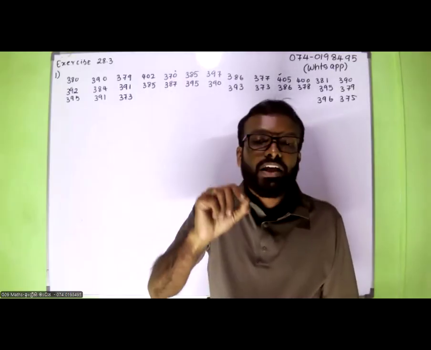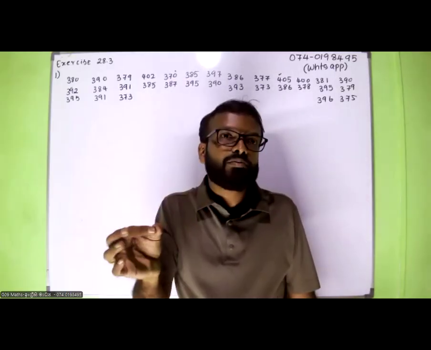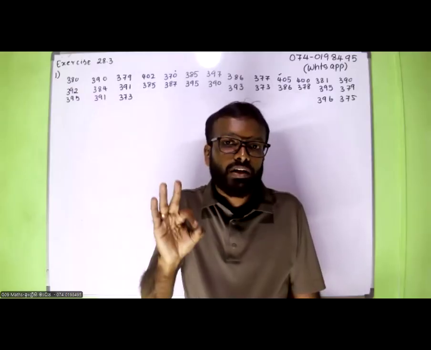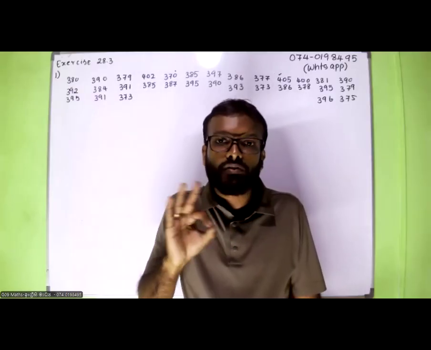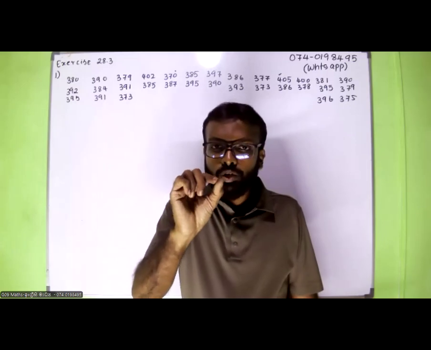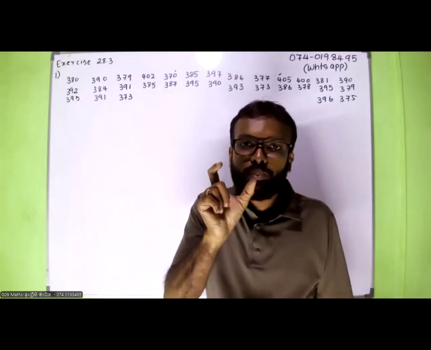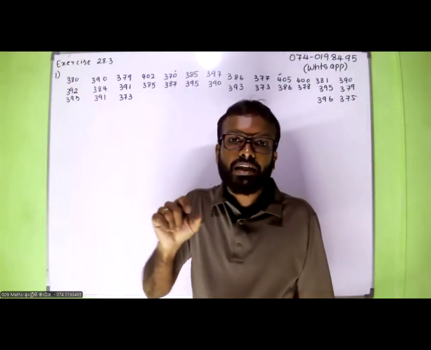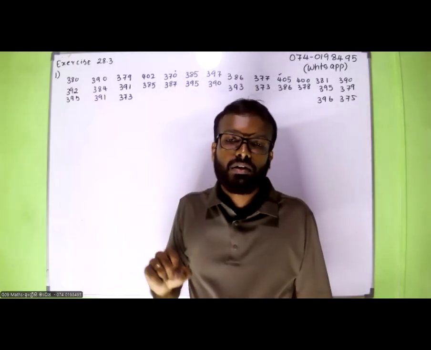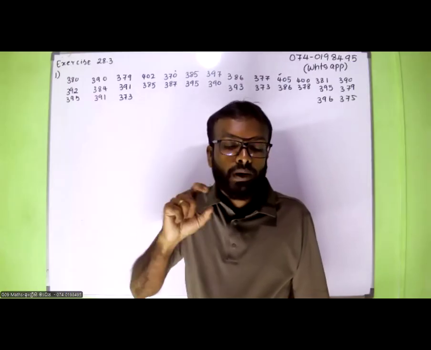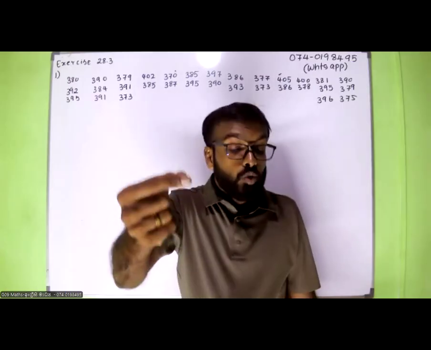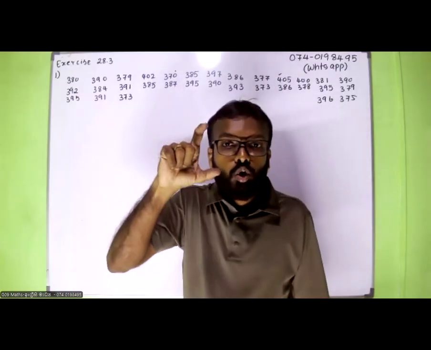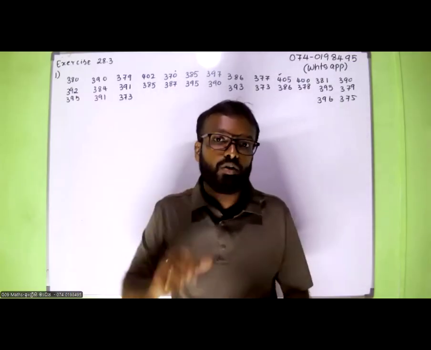If in your exams they do not give any clues, you need to begin your class intervals from 370 and keep it as open gap. But I told you to do this with a closed gap interval. Keep that in your mind.